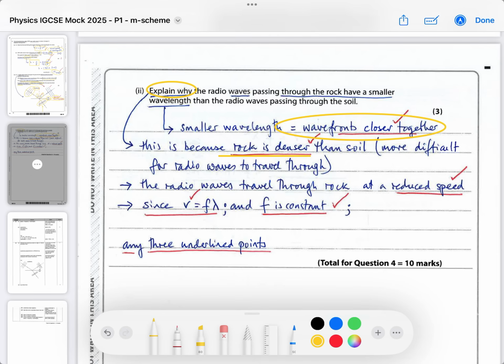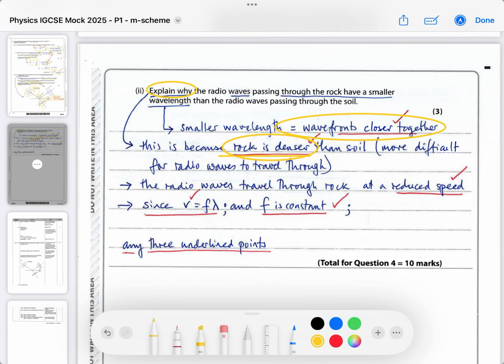It's denser for this wavelength of radiation that's going through than soil. So it's more difficult for the waves to travel through, but you've basically got to talk about the density, to do for waves. The radio waves then, so that's 2 marks just for saying that.